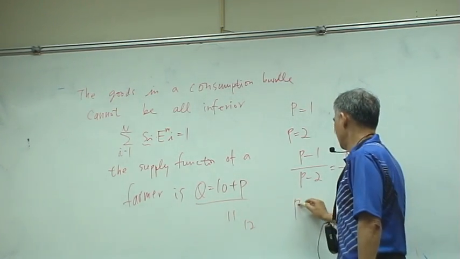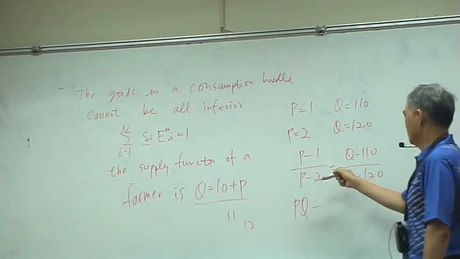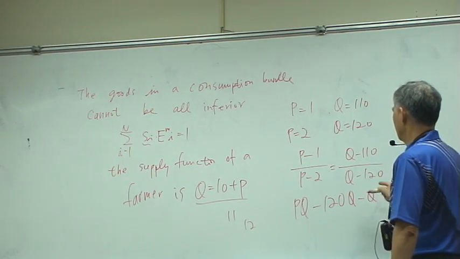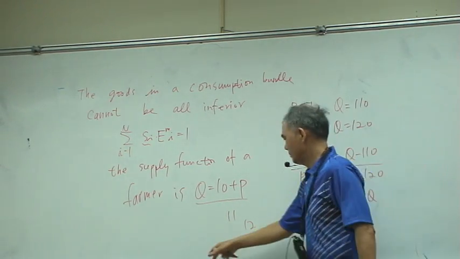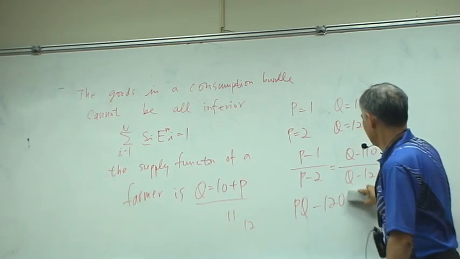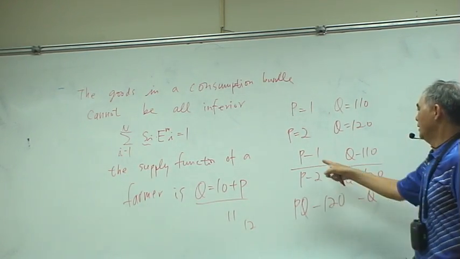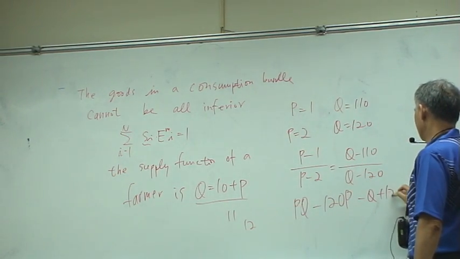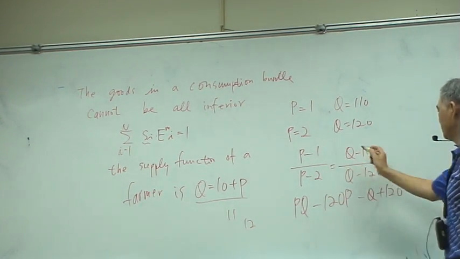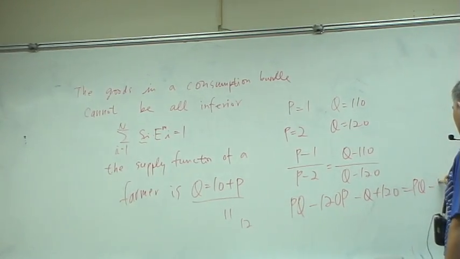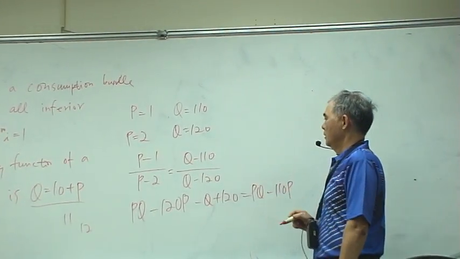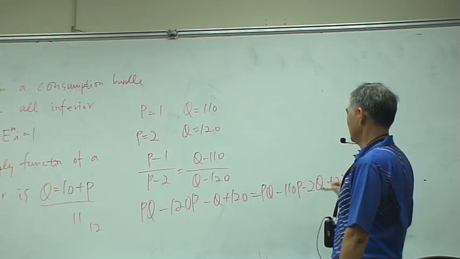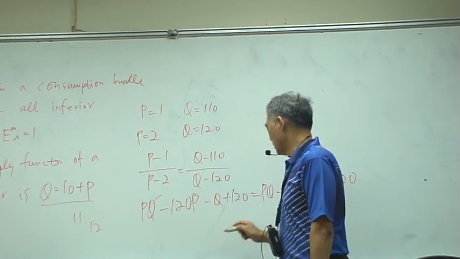Okay, so you have PQ minus 120P minus Q plus 120. And here it will be PQ minus 110P minus 2Q plus 220. Okay, so cancel out.